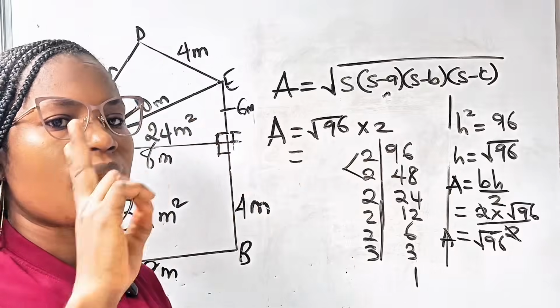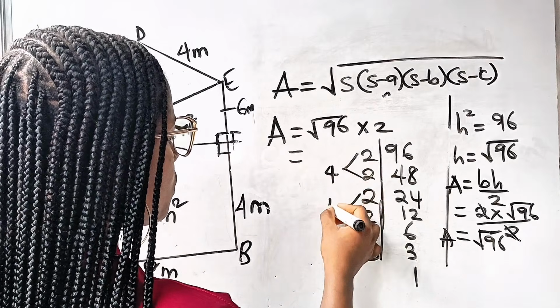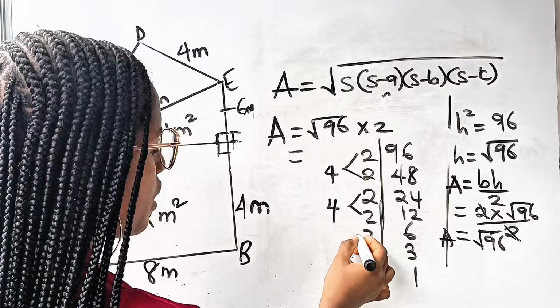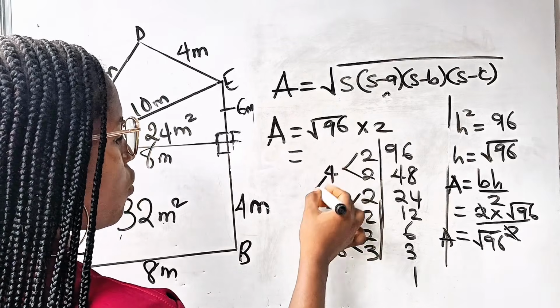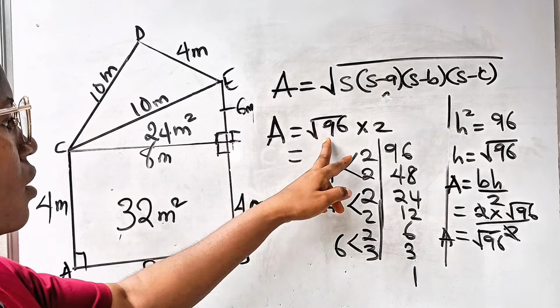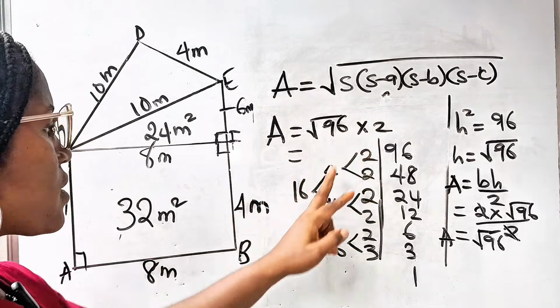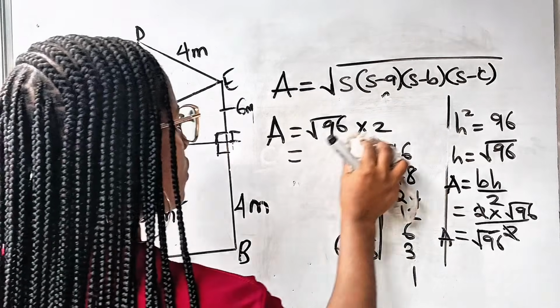So I'll pick like pairs, okay? So 2 times 2 is 4. 2 times 2 is 4. And I'm left with 2 times 3 now, which is 6. So these ones that are the same again, I'll multiply them to get 16. So it simply means that square root of 96 can be expressed as square root of 16 times 6. Okay?